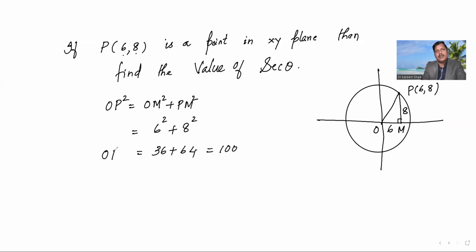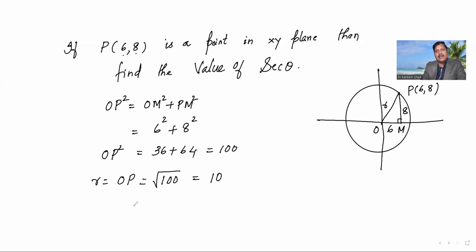This is OP square. If you remove the square of OP, the right side quantity, that is 100, will get a square root. Square root of 100 is plus or minus 10, but I am taking positive 10. Why? The distance is never negative. So OP value is 10. OP is nothing but the radius, so r equals 10.